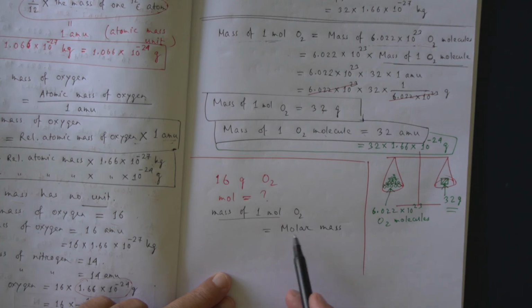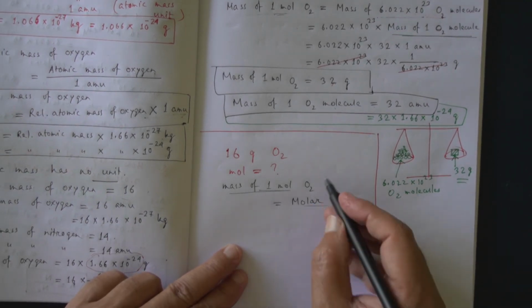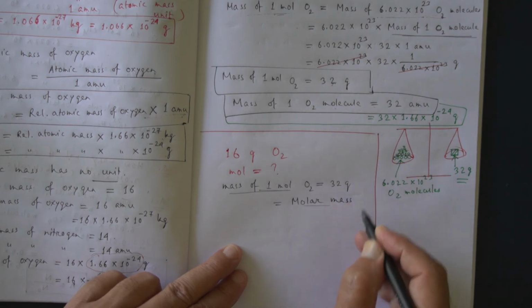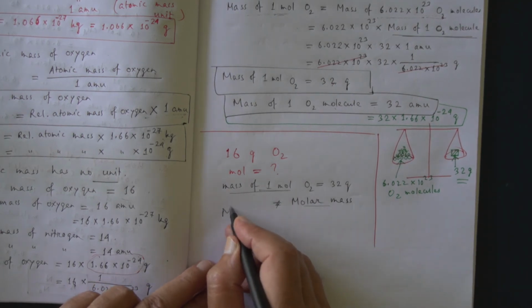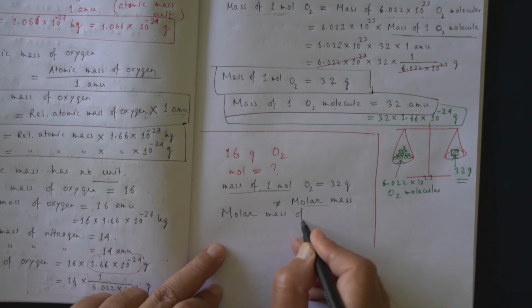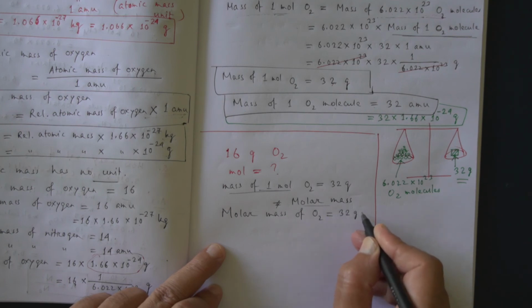Mass per mole, molar mass. Okay? Now molar mass of O2, that is equal to 32 gram, we have seen. But when we say molar mass of O2, we will write 32 gram per mole.